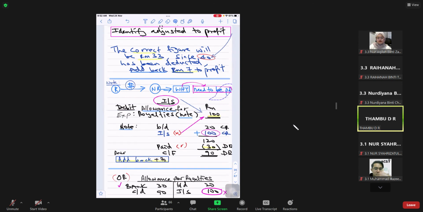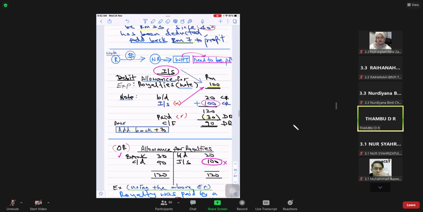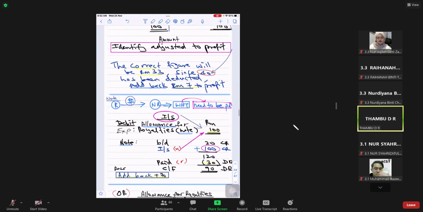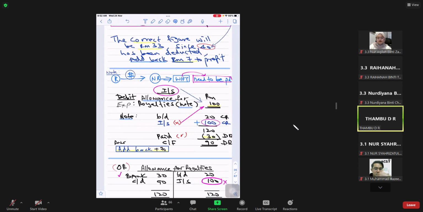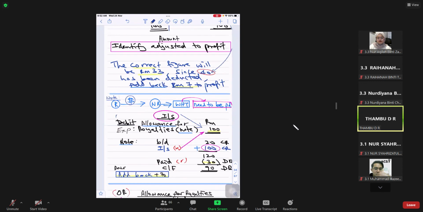Resident paying non-resident: have you paid the withholding tax? Yes. Then that figure can be debited in the income statement. If resident paying resident, no need to pay, no need to talk about withholding tax. Resident to resident, no withholding tax.